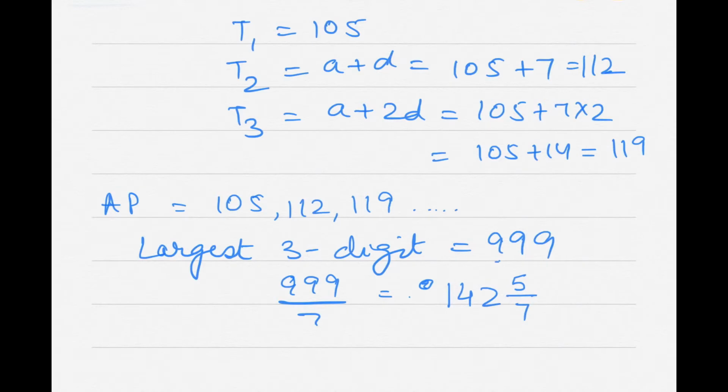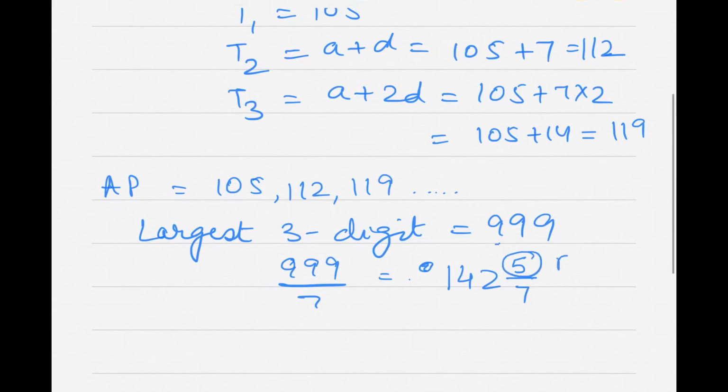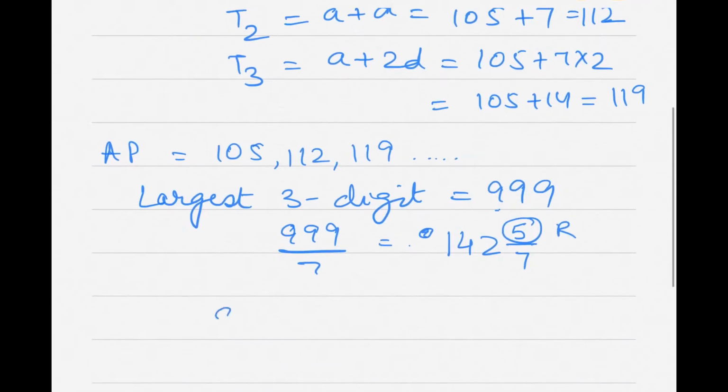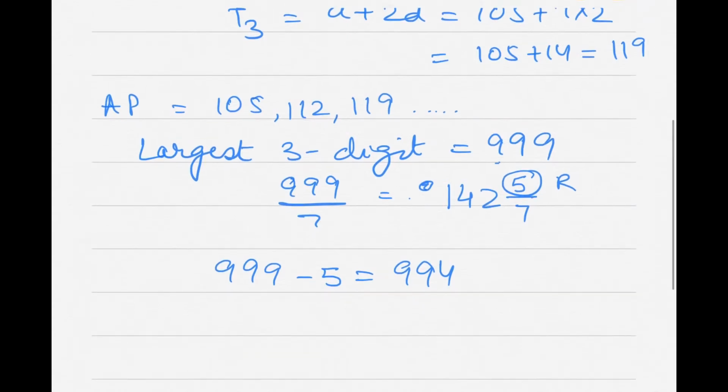So that's fine, 5 is my remainder. Then I can subtract 5, because this 5 is my remainder. So I do 999 minus 5, and I get 994 as the last 3-digit number which is divisible by 7. Okay, so my last term of this AP is equal to 994.